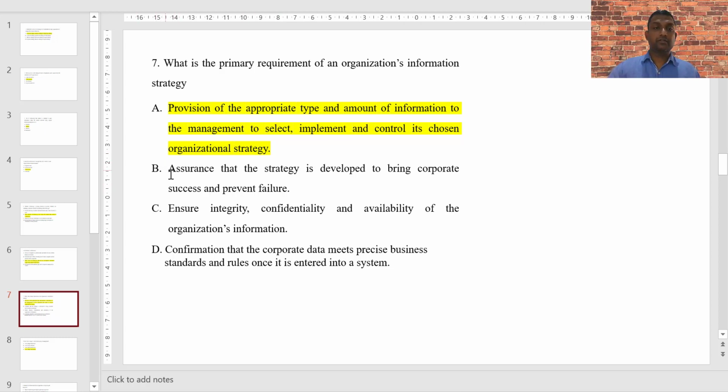B. Assurance that the strategy is developed to bring corporate success and prevent failure. Ensure integrity, confidentiality and availability of the organization's information. Confirmation that the corporate data meets precise business standards and rules once it is entered into a system.